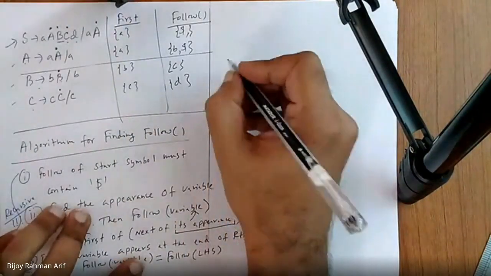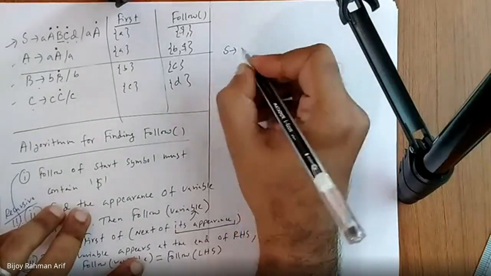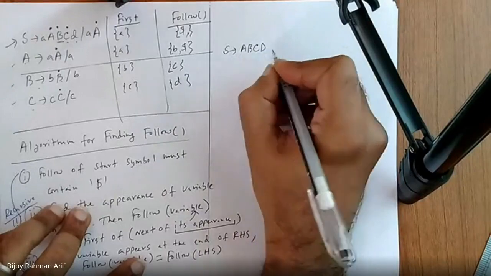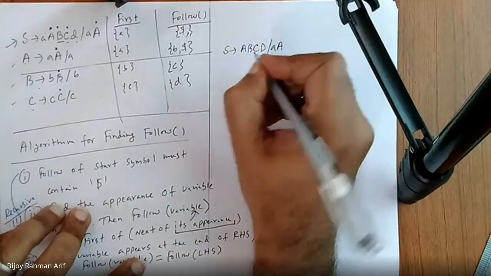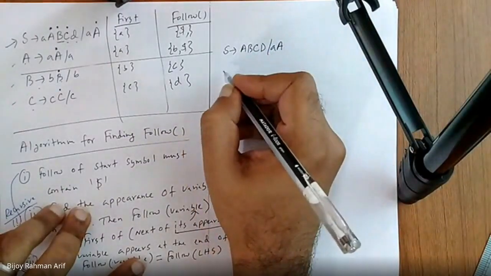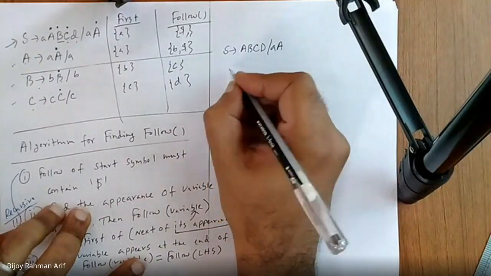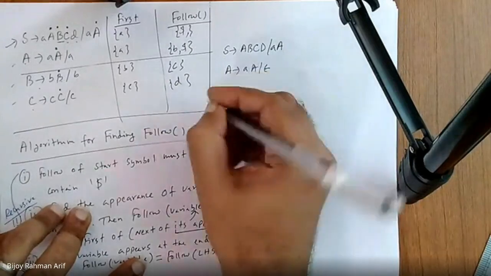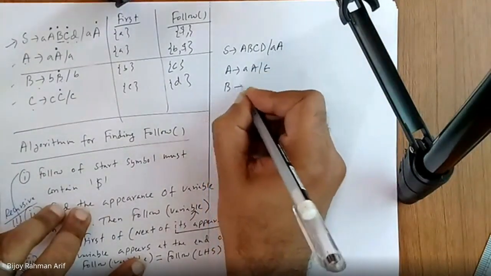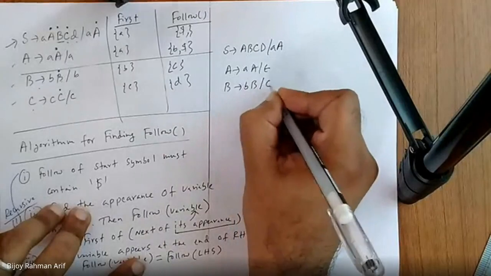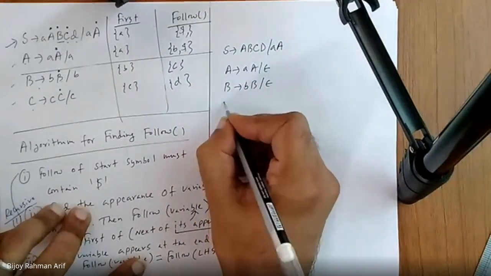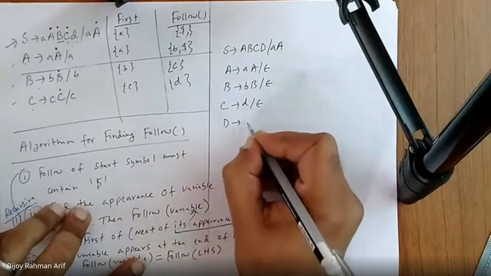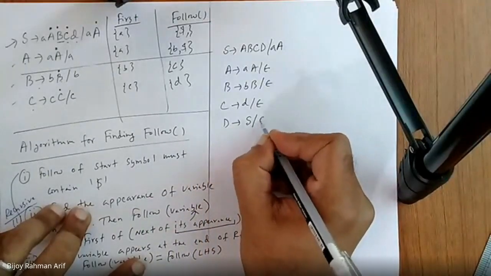S derives ABCDA. A derives small a, capital A or epsilon. B derives small b, capital B or epsilon. C derives D or epsilon, and D derives capital S or epsilon.